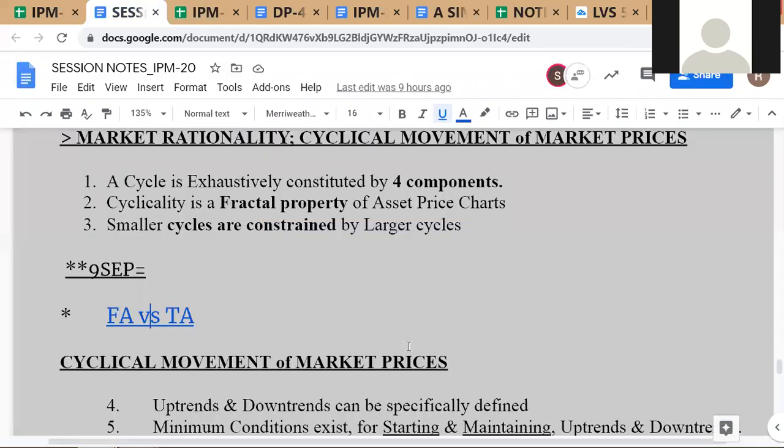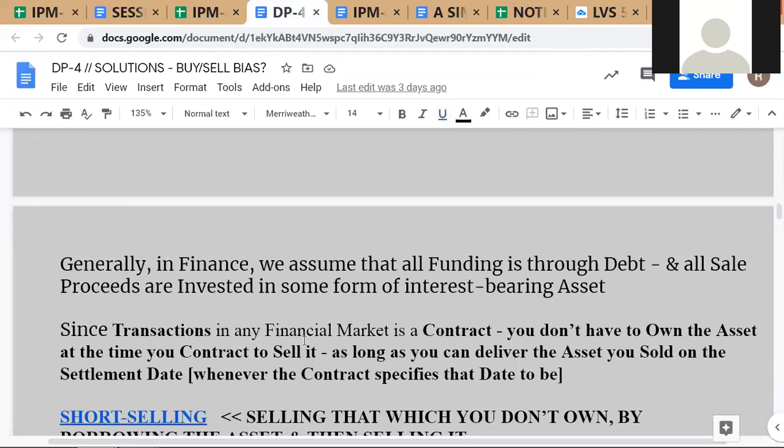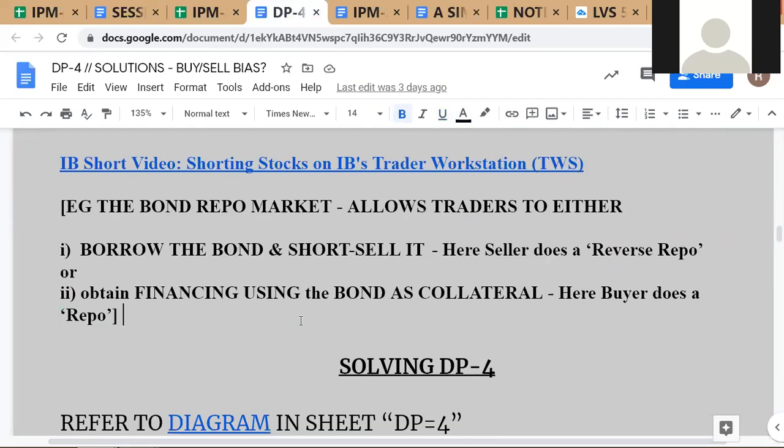As we had gone in there, we had gone into a separate discussion note. Here I'm looking at the DP4 solution sheet. If anybody can't see, let me know. Just as a test, I'm now looking at the DP4 solutions note.